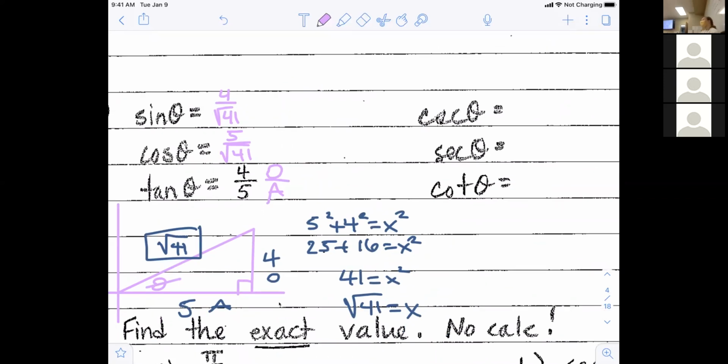Cosecant? Or which one? The top one or the bottom one? Cosecant. Perfect. Quiva? Secant is radical 41 over 5. Perfect. And Lily? 5 over 4. Good.